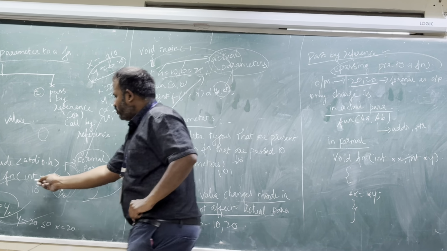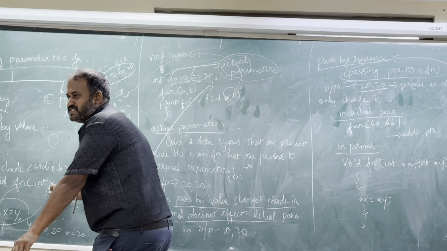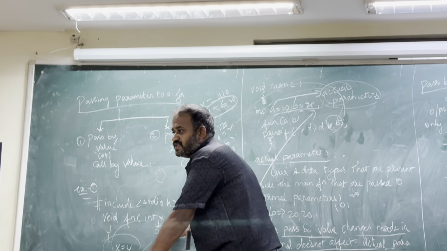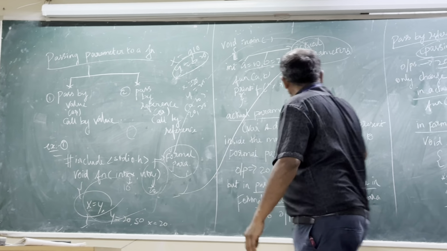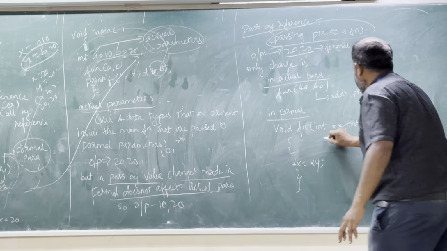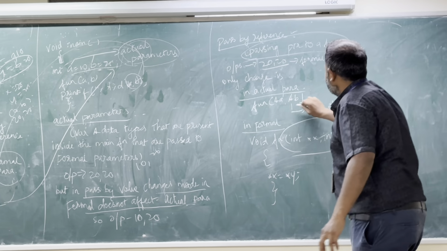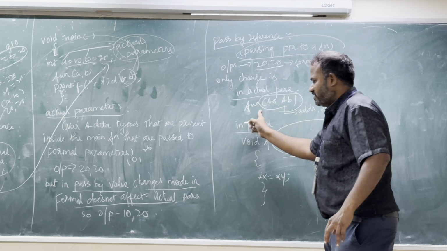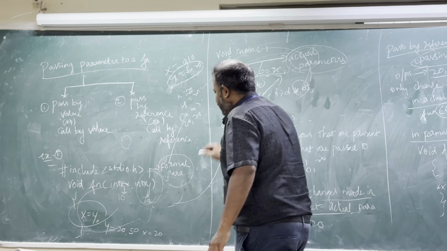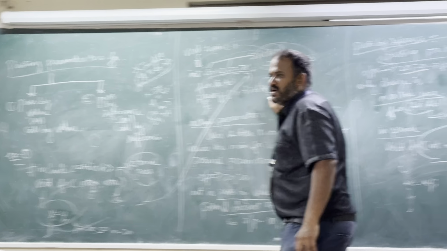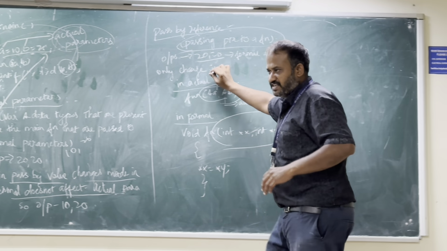How will you represent integer x star? Correct? That is the only difference, and also in the function, a and b. So these are the only changes for call by reference.